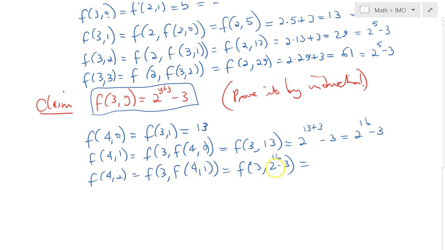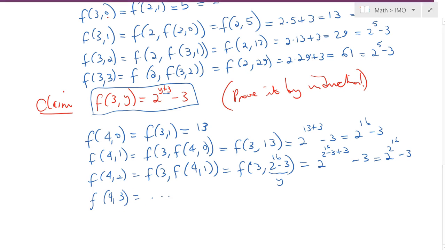This thing is 2 to the power, so replace y with this y plus 3, so 2 to the power 16 minus 3 plus 3, and minus 3, which is just 2 to the power 16 minus 3. You can try higher and higher values until you see the pattern emerge.